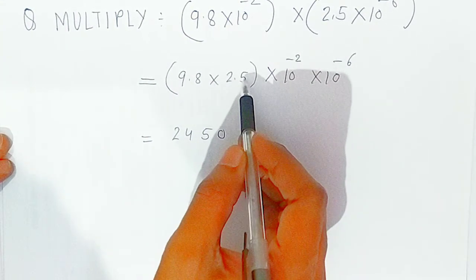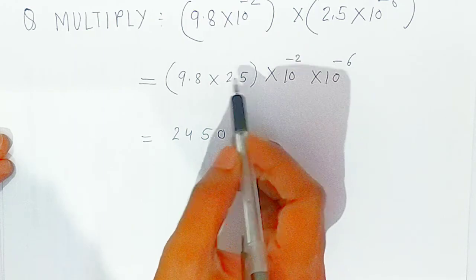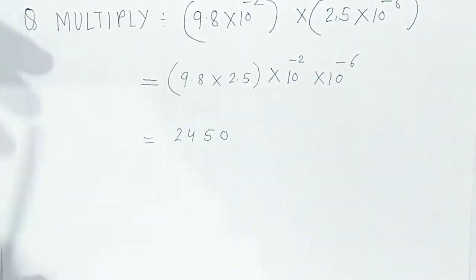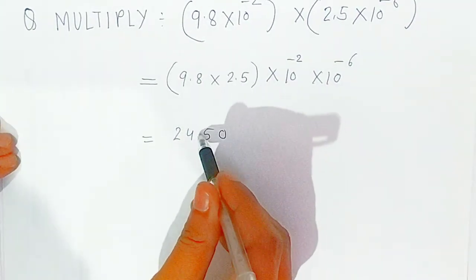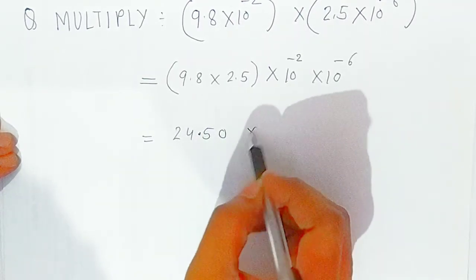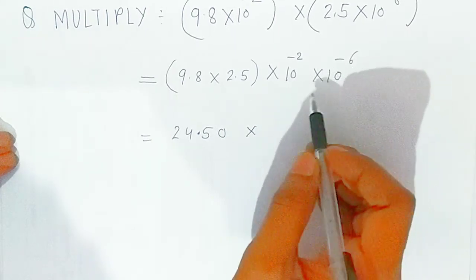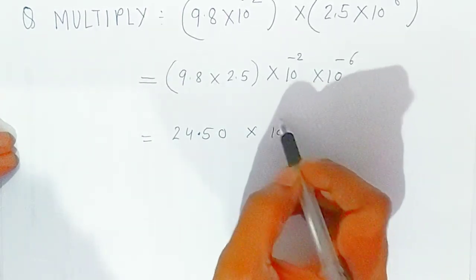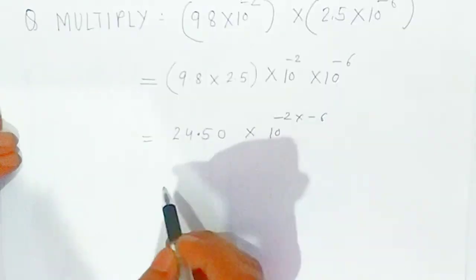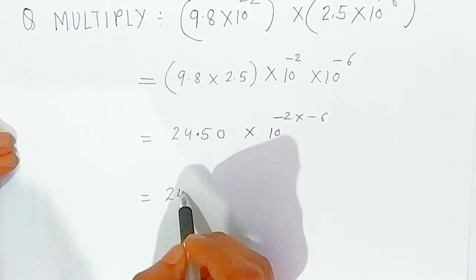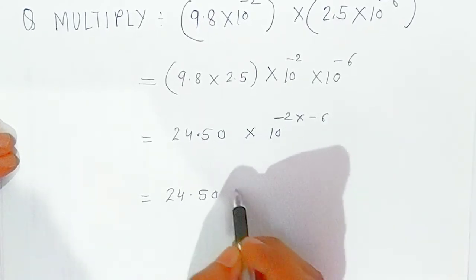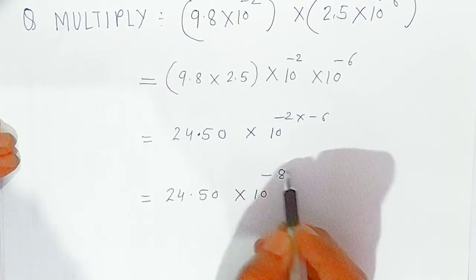Before, one digit had a decimal, so here we will put the decimal before two digits. When you multiply 10 to the minus 2 and 10 to the minus 6, the indices will be added. So our answer will come 24.50 into 10 to the minus 8.